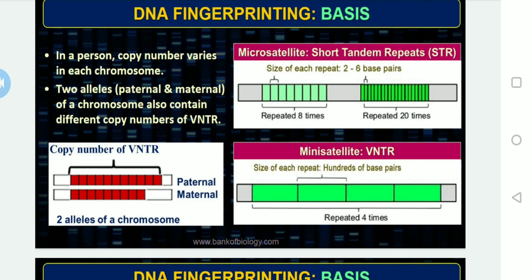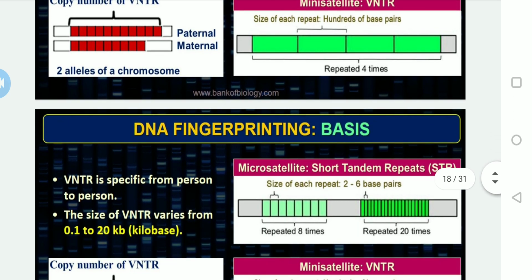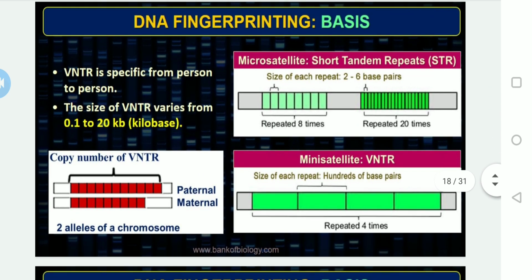The microsatellites as well as the mini satellites with respect to VNTR. Finally, the VNTR is specific from person to person. As I said in the beginning, it is different. Even though we are all humans, how can we differentiate between humans? Based on the VNTR.